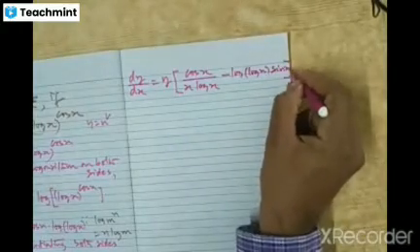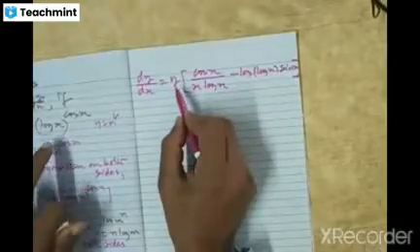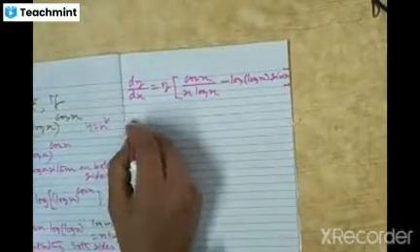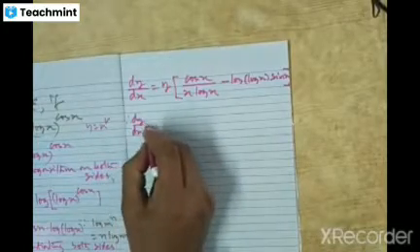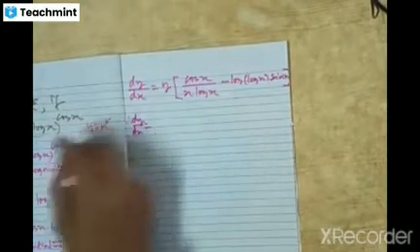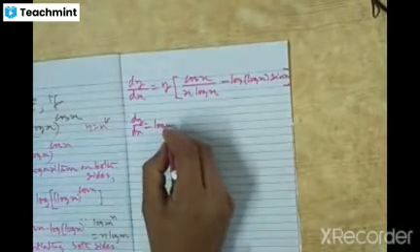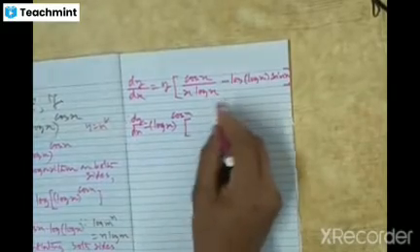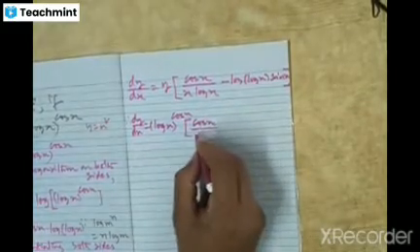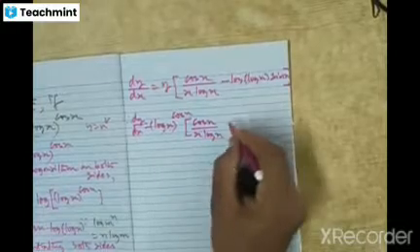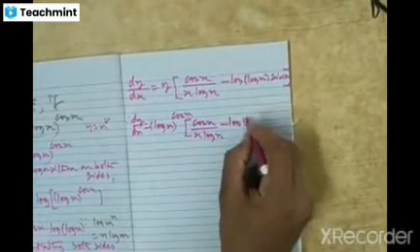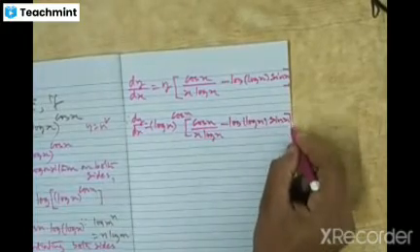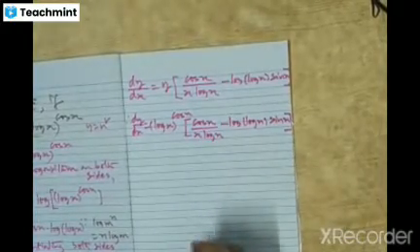Just one more step. What is y? y is log x whole power cos x. Therefore dy by dx is equal to log x whole power cos x into cos x divided by x log x minus log of log x into sin x.